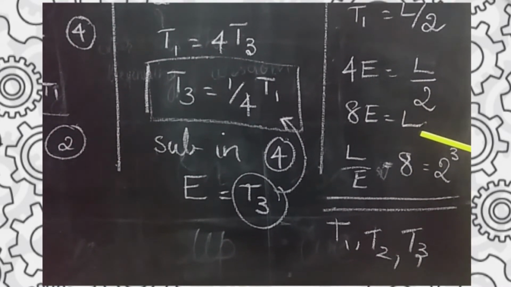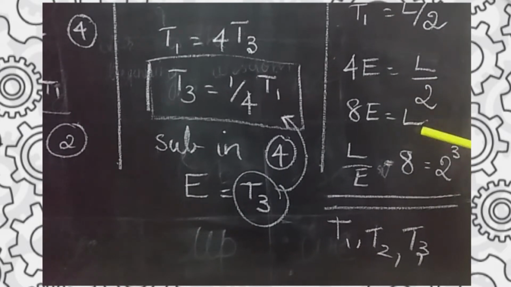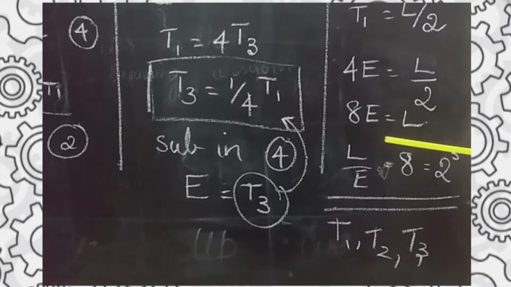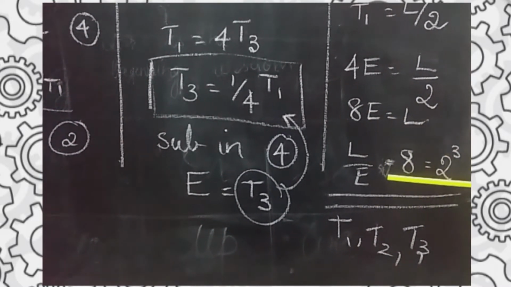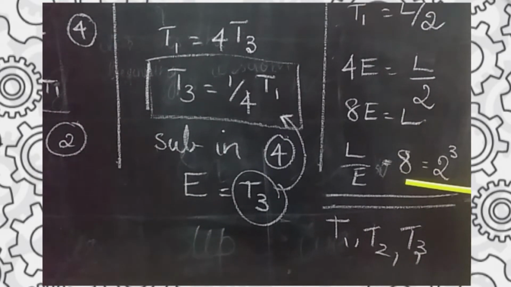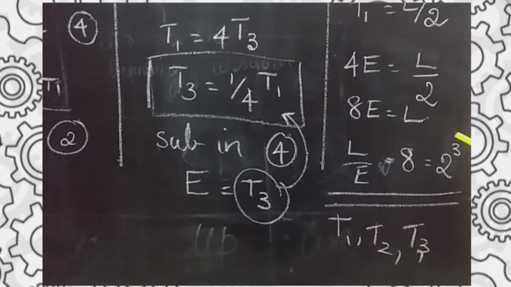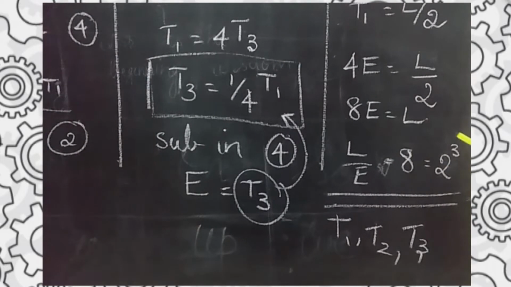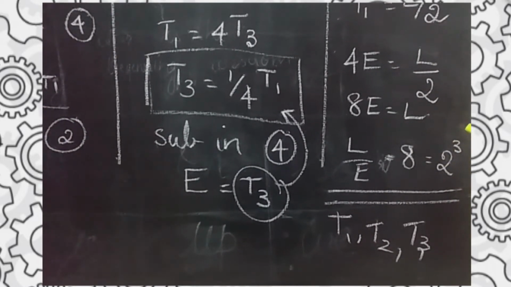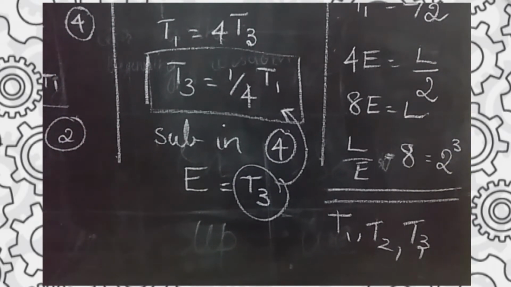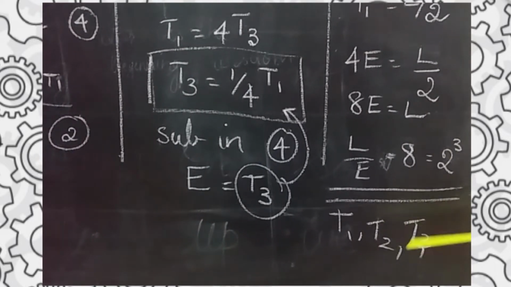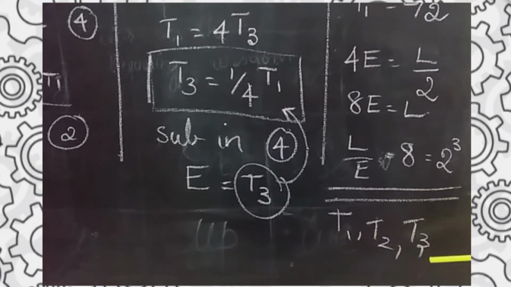What is the formula for mechanical advantage? It is load by effort. So load by effort becomes 8. This 8 I can write as 2 to the power 3. What does this 3 mean? It means that there are 3 tensions involved, that is T1, T2 and T3.